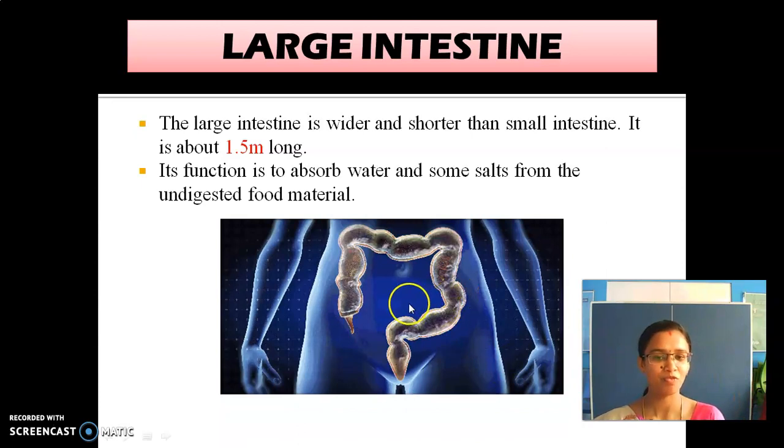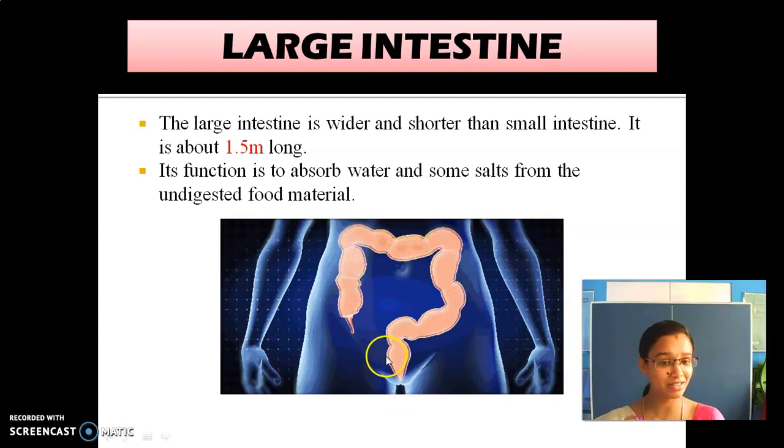See here, what is this? Large intestine. Yes or no? So see here, this is unabsorbed food. It is sent to the large intestine. What is this? Anus. And what is this? Rectum. Okay. So the unabsorbed food is stored in the rectum and then sent out through the anus.